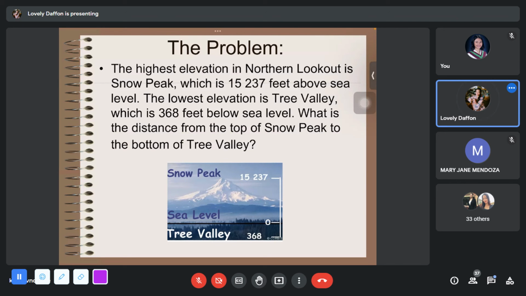Ganay lain? Okay, sige ha. Let's see if your answers are correct. So we have 14,869 and 14,869, no? Sige, let's try to see if your answers are correct.